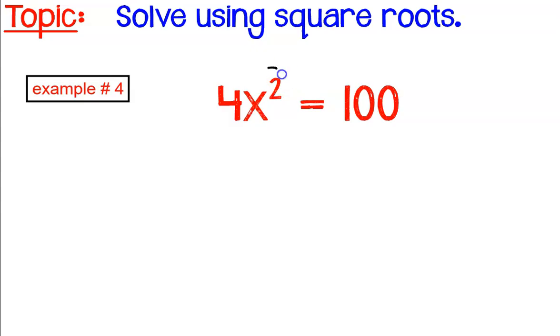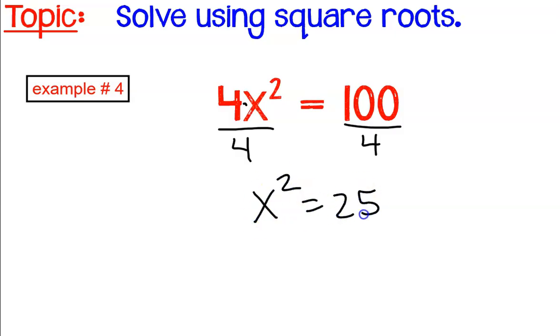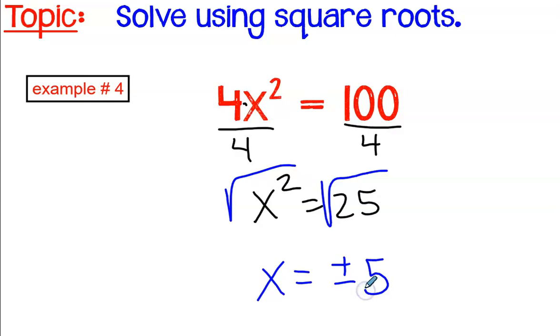The first thing we want to do is isolate this x. That means we need to get rid of every number, whether it's a constant or, in this case, a coefficient. So we're going to divide both sides by our coefficient, and that gives us our new sentence here. This one's fairly basic. Square root both sides, and I get plus or minus 5.